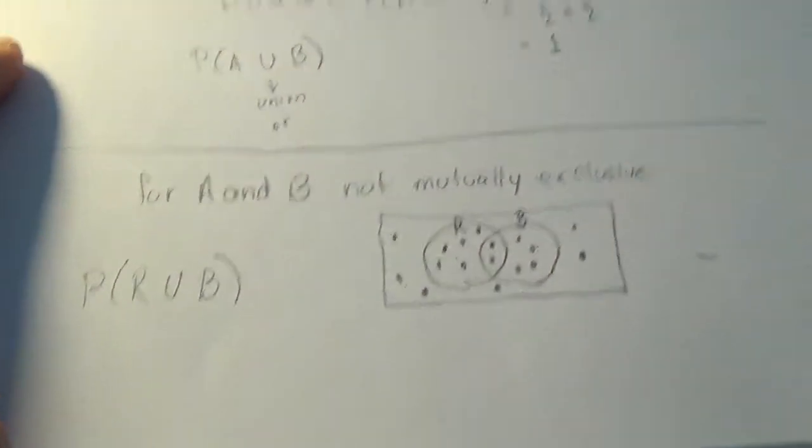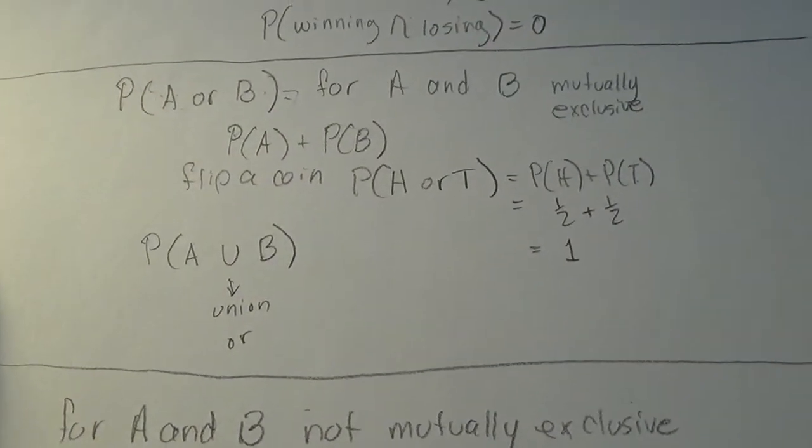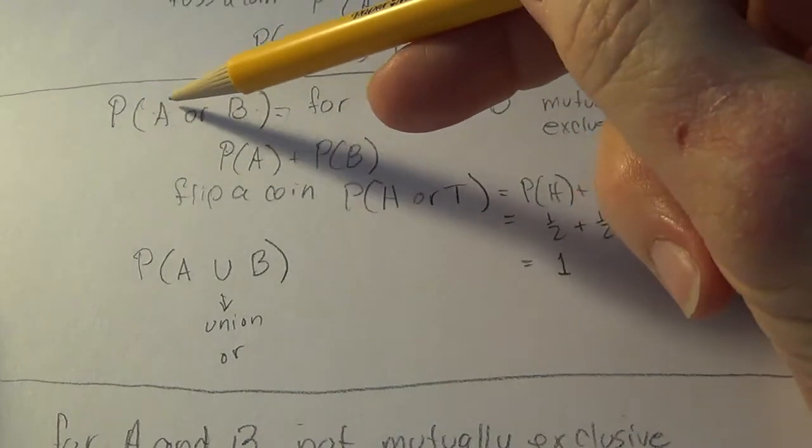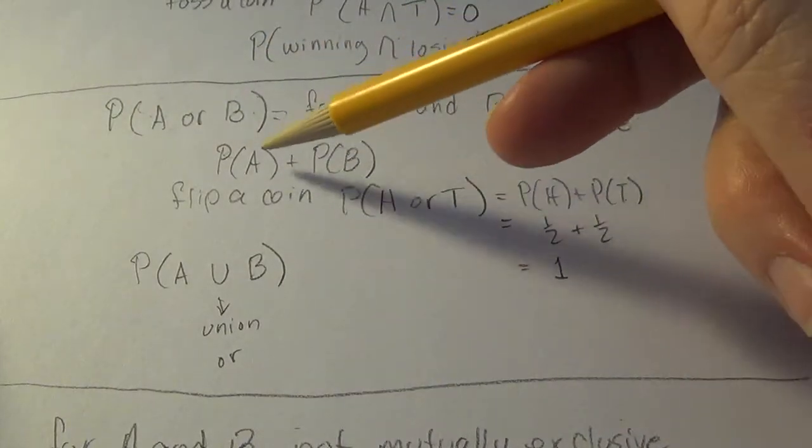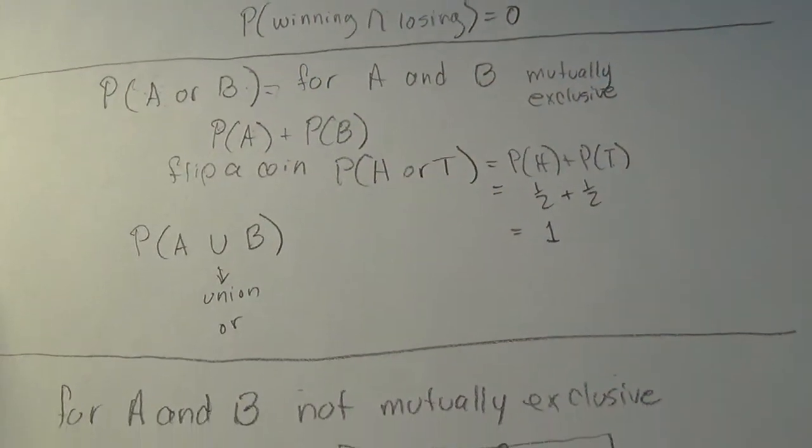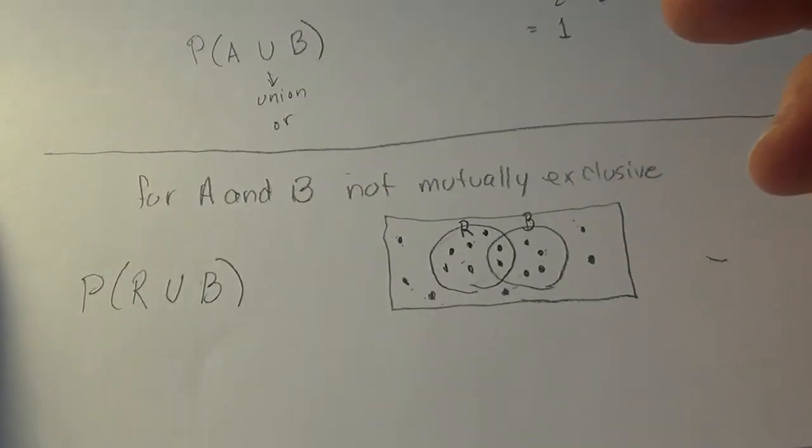Now up here for mutually exclusive events, we found that the probability of A or B was going to be the sum of the two probabilities. So let's see if that works here.